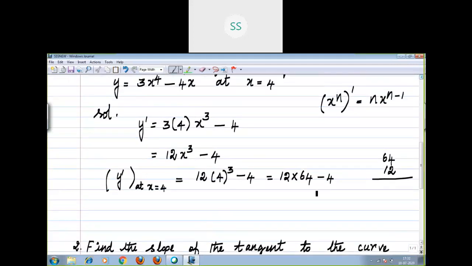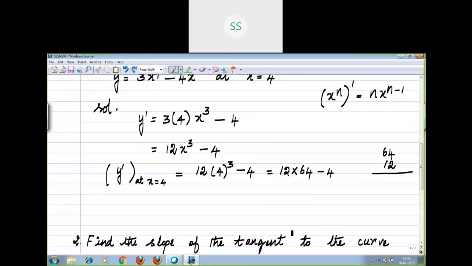See, 4 twos are 8, right? 4 twos are 8, 6 twos are 12, 4 ones are 4, 6 ones are 6. So 768, which is equal to 768 minus 4, which is equal to 764.